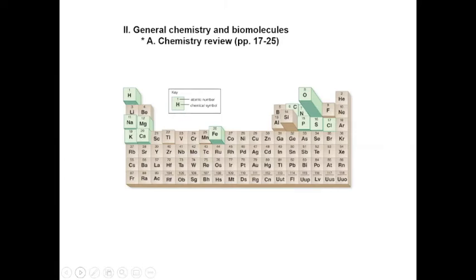Okay, so carbon has 6 protons in the nucleus. So carbon is number 6, which means it has 6 protons. What else can I say about this? Number 6. Yes?